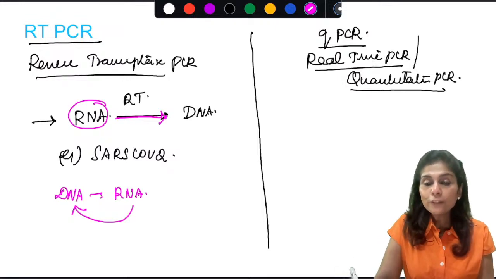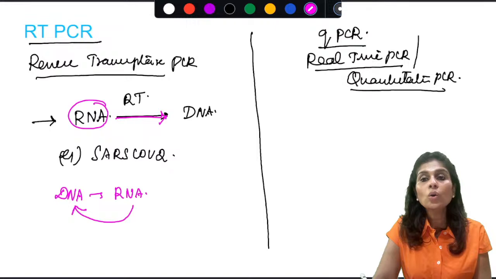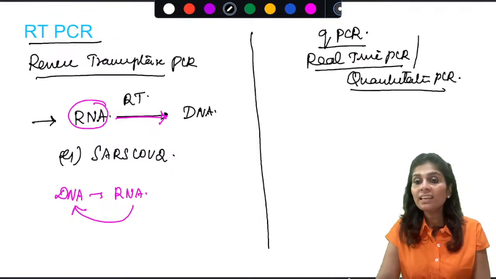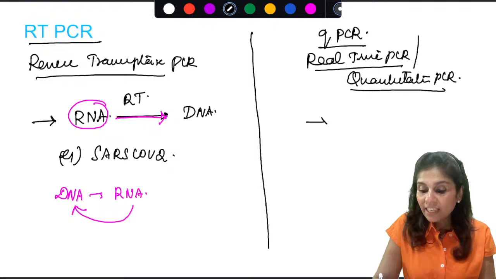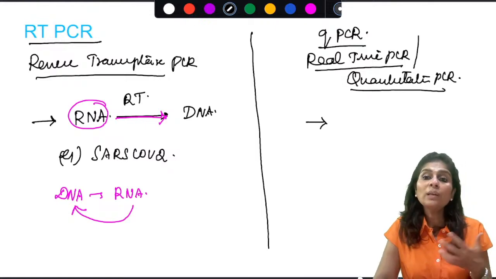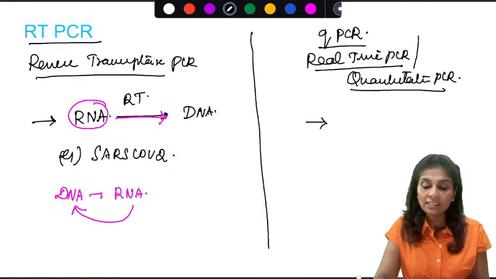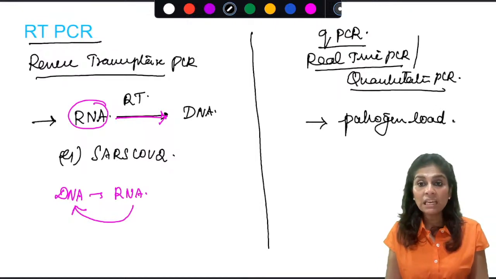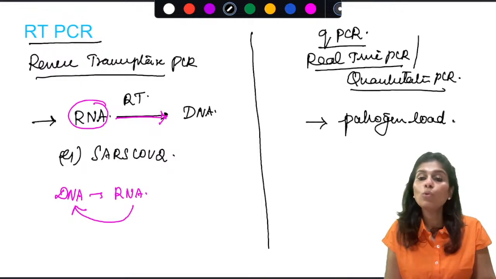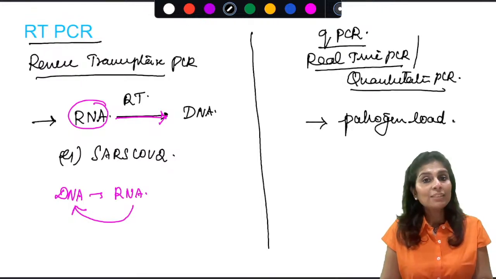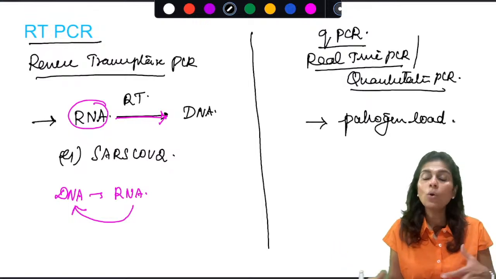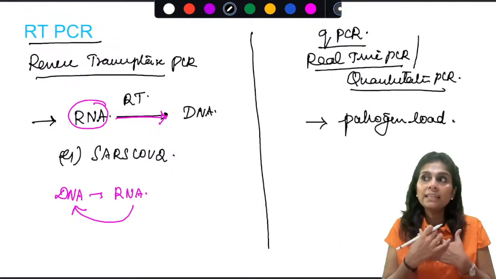Okay. Now, what is the use of real-time PCR or quantitative PCR? This is used for quantifying nucleic acid. And if you're asking me when or why will I want to quantify nucleic acid? To understand pathogen load, right? If you want to understand what is the viral load or what is the bacterial load or what is the fungal load, instead of being dependent on culture and sensitivity based assays, which are always time dependent, right?